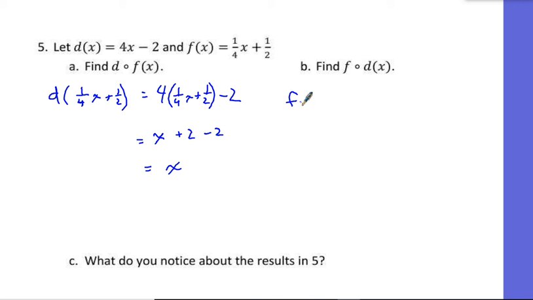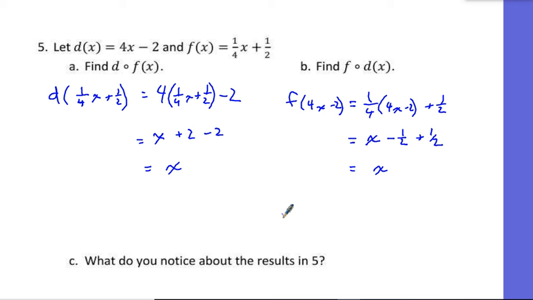So the function f of the function d of x, and that will be now substituting function d in for x in function f. 1/4 times 4x minus 2 plus 1/2. And similarly to the last, we'll distribute a 1/4, which gives us 1x minus 1/2 plus 1/2, which leaves us with just x again.